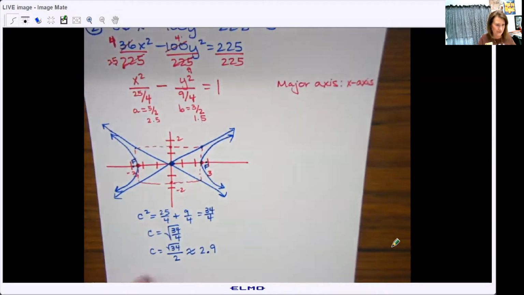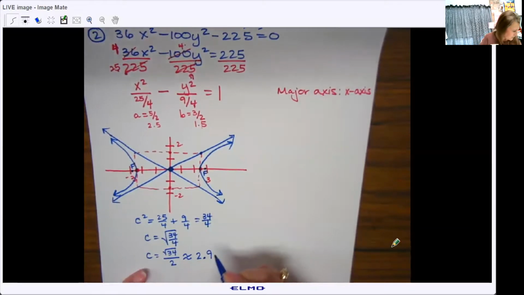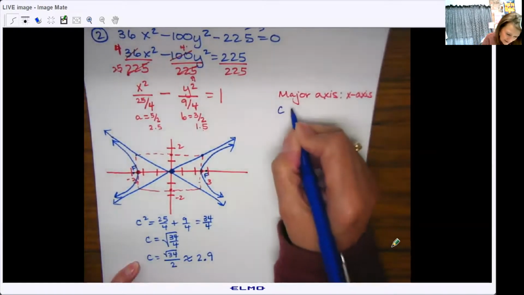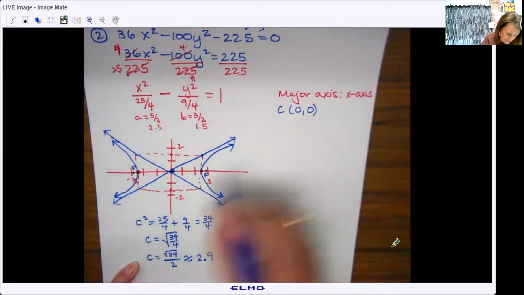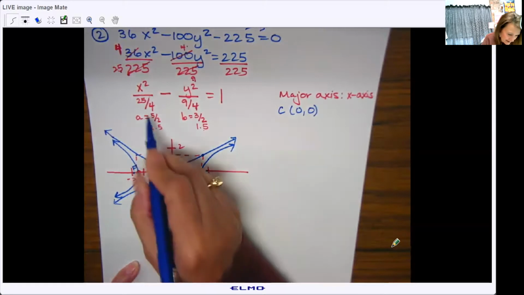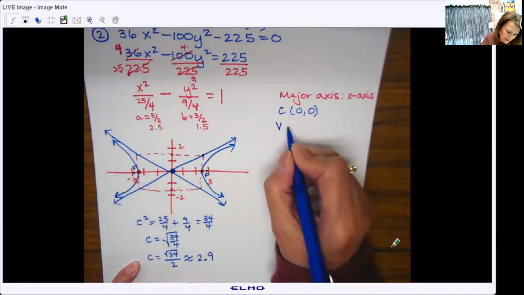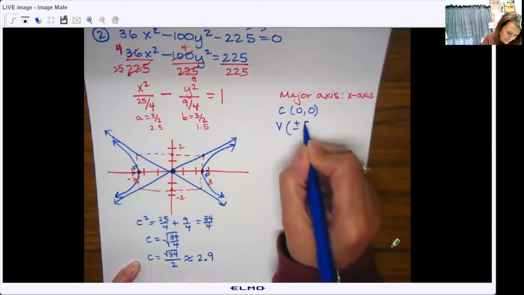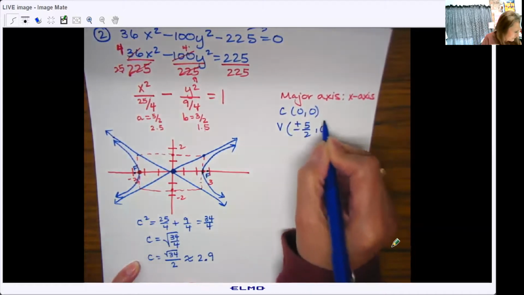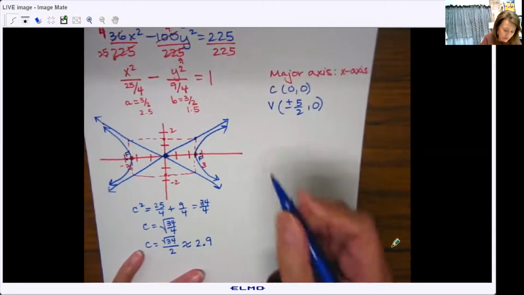Okay, let's do all this discussion now. If you want to go to decimals, it might be easier. The center is at 0, 0. Don't miss that one. We go over here, and that was our A. Our A is 5/2. So our vertices are plus and minus 5/2, 0. We don't have co-vertices because this is a hyperbola.